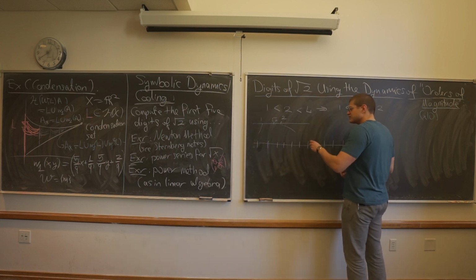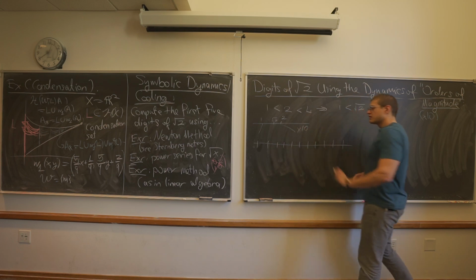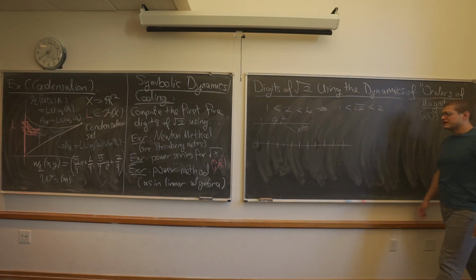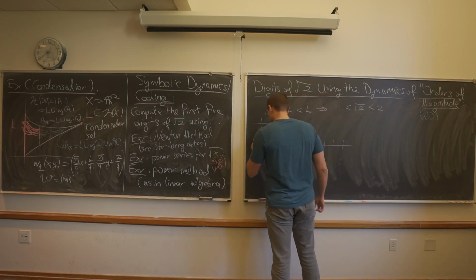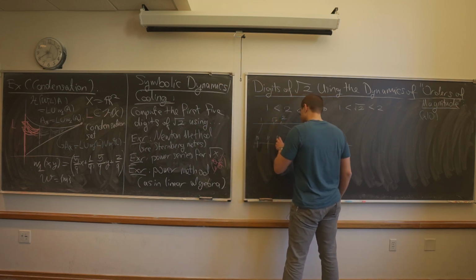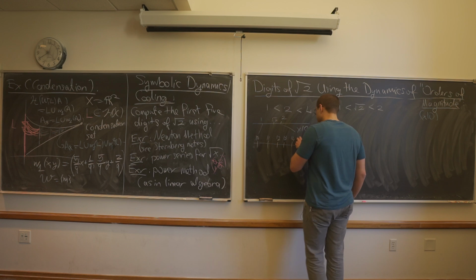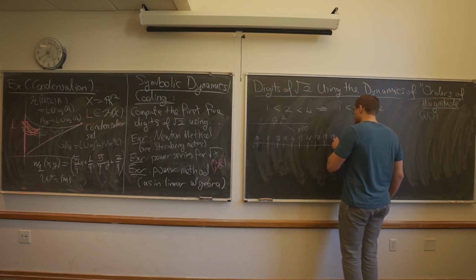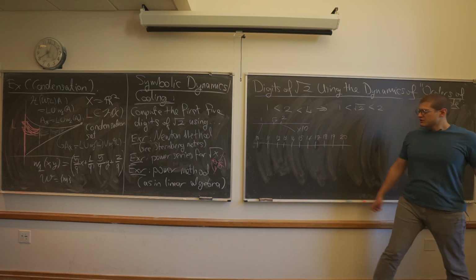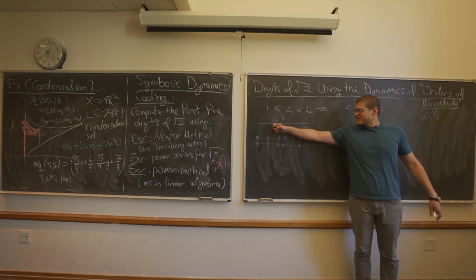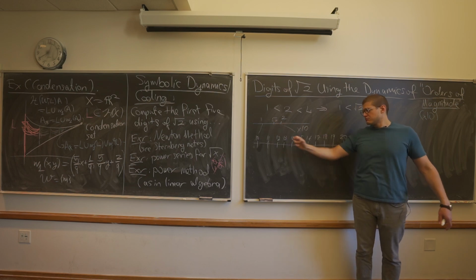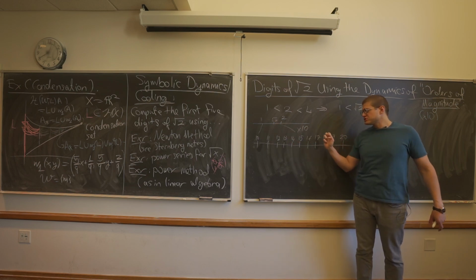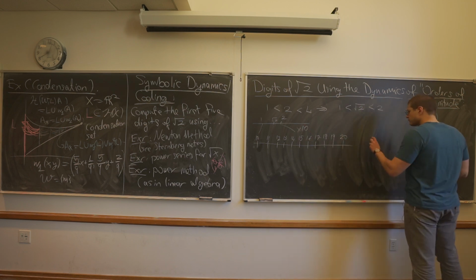This is basically multiplying by 10, so that this is 10, 11, 12, 13, 14, 15, 16, 17, 18, 19, 20. In order to find the position of this, I can multiply everything by 10, zoom, then find the position of 10 times root 2.